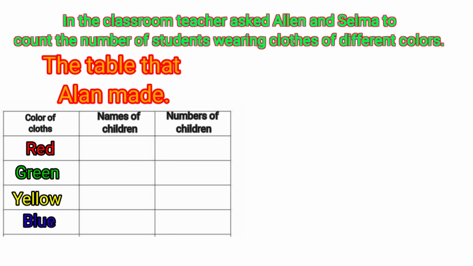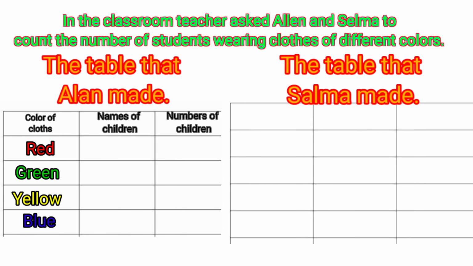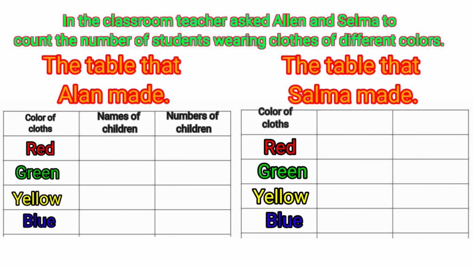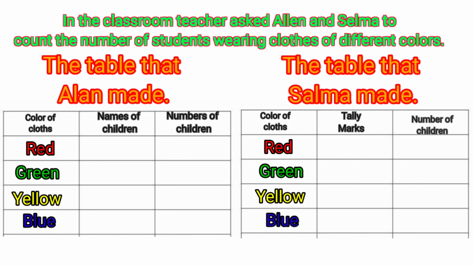And the table that Selma made. Color of clothes, tally marks, number of children. Now here, Selma suggested that instead of writing names, they could put one mark for each child. And this is the quickest method.